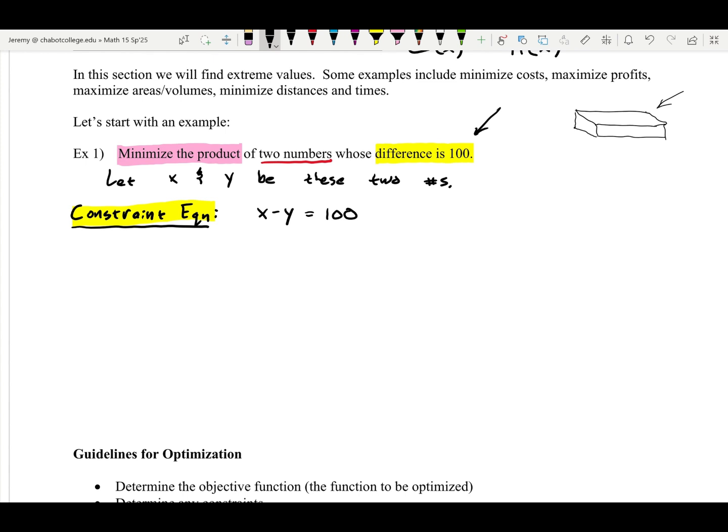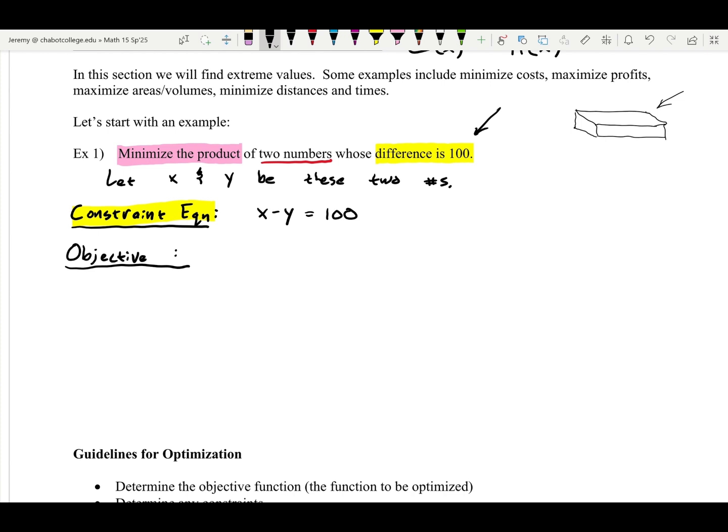All right, and then there's also the objective equation, and this relates to the thing we're trying to do. Here we're trying to minimize the product, the multiplication of these two numbers. So here's our objective, and it relates to the product.